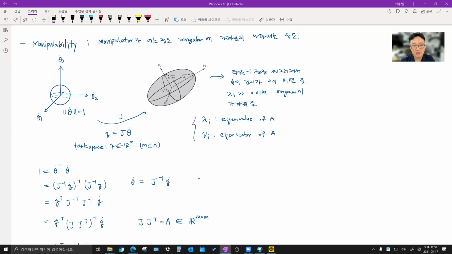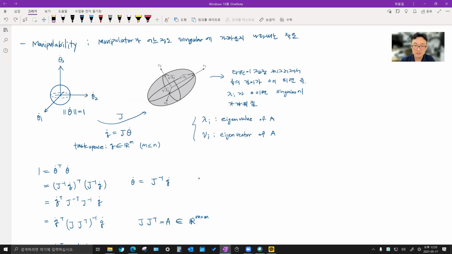If we multiply the Jacobian with theta dot, we can get the task space velocity. So it becomes V1, V2, V3. So depending on the Jacobian, the sphere of theta 1 dot, theta 2 dot, theta 3 dot becomes some kind of ellipsoidal shape, depending on J.